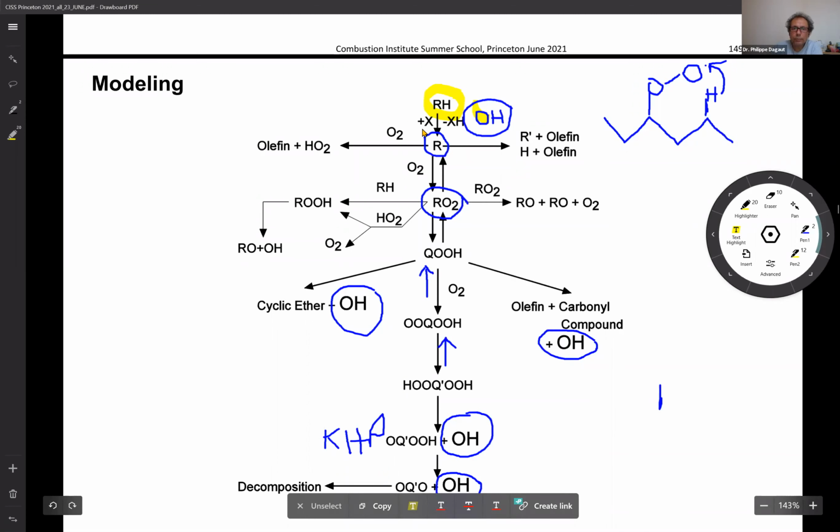And also at higher temperature, we can have the decomposition of this radical to form an olefin and another radical. And at even higher temperature, because the H bonds are stronger, you can get an olefin and an H atom. So you can see from this simple scheme how the reaction pathways are modified by temperature.